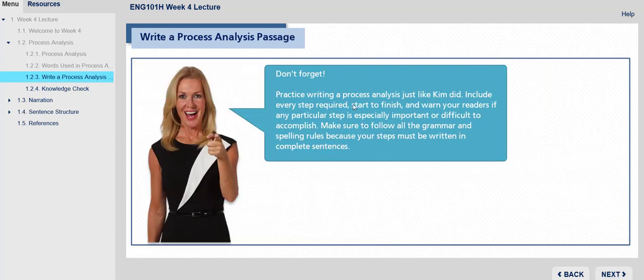Don't forget, practice writing a process analysis just like Kim did. Include every step required, start to finish, and warn your readers if any particular step is especially important or difficult to accomplish. Make sure to follow all the grammar and spelling rules because your steps must be written in complete sentences.